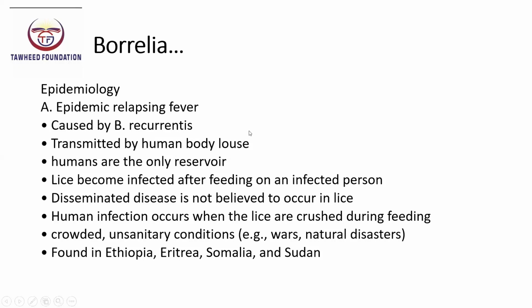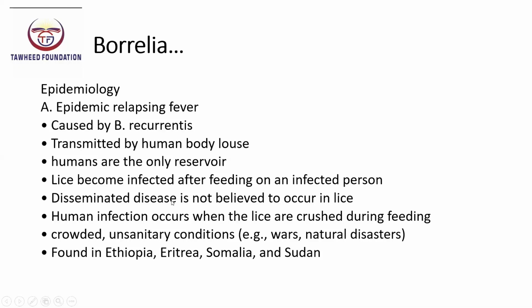This is the epidemiology. It is divided into two parts. First, A, epidemic relapsing fever, which is caused by Borrelia recurrentis. It is transmitted by the human louse. Humans are the only reservoir in this disease.